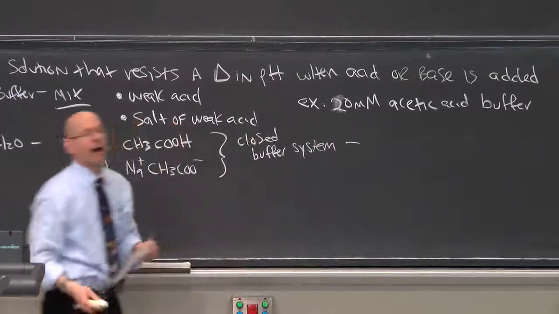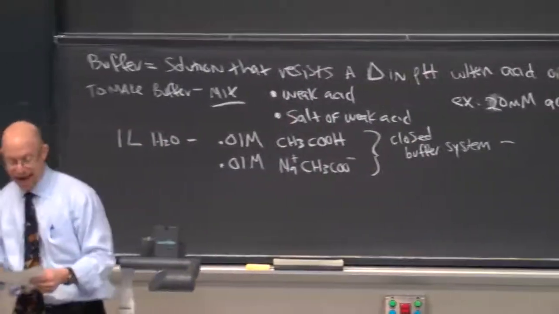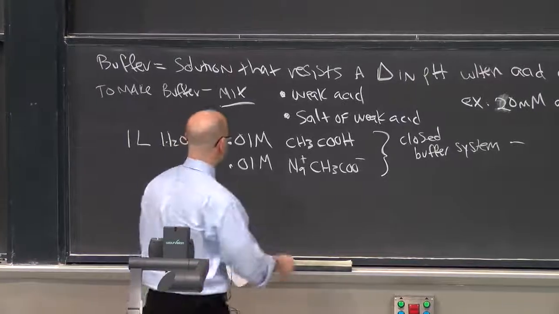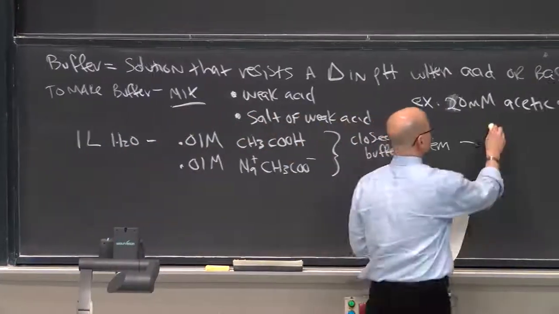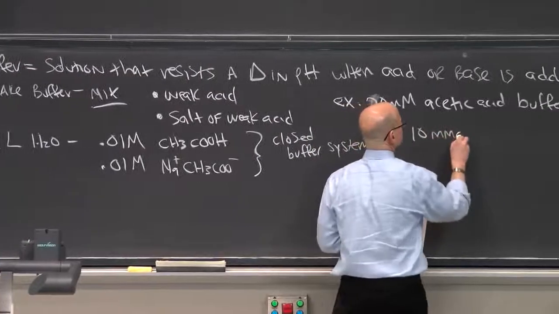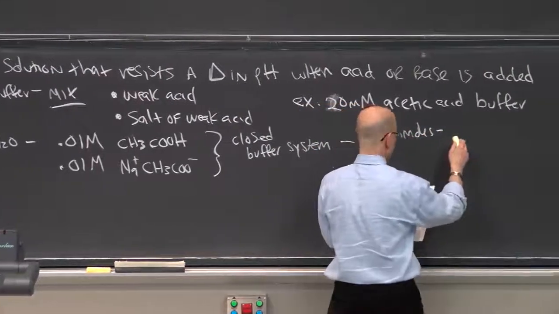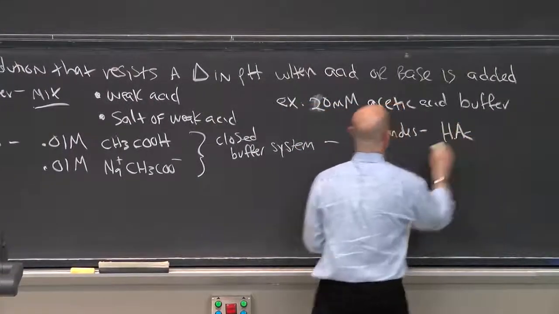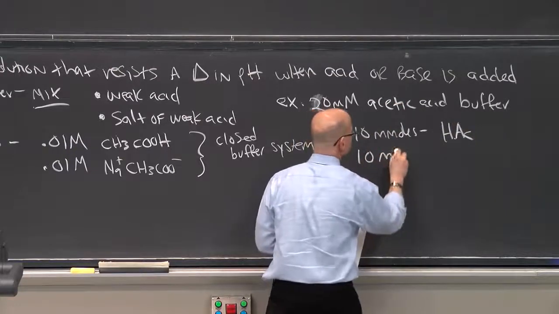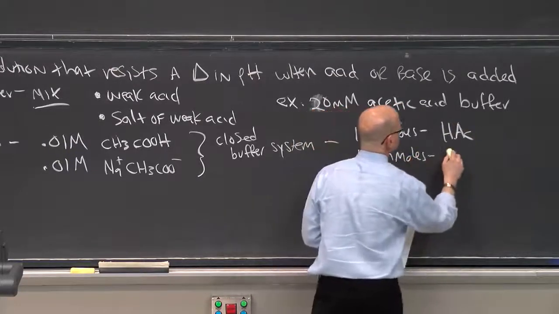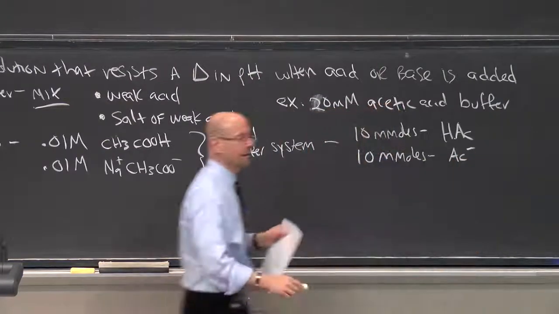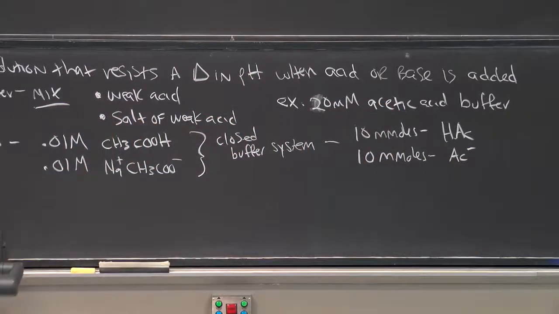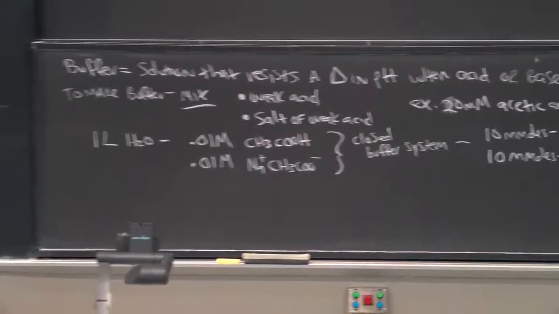Well, now you know exactly how many moles I have, because if it's 0.01 molar and it's in a liter, that must mean that I have 10 millimoles total of acetic acid, and I have 10 millimoles of acetate anion. Now, let's add a strong acid to this.